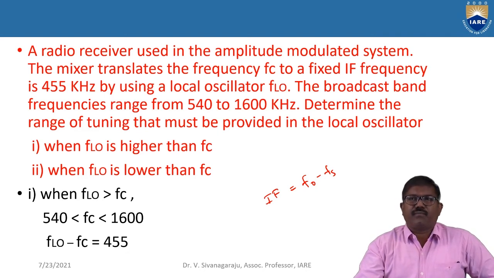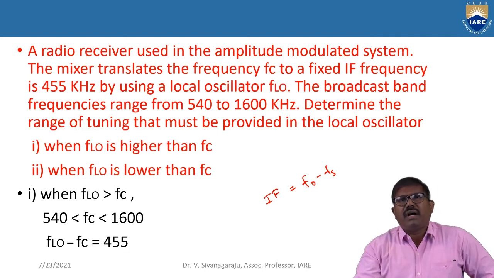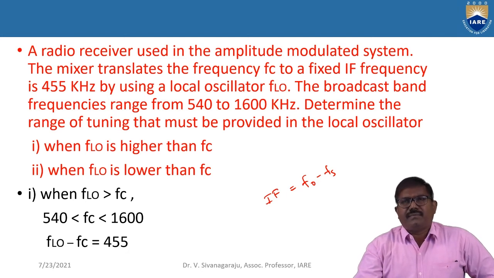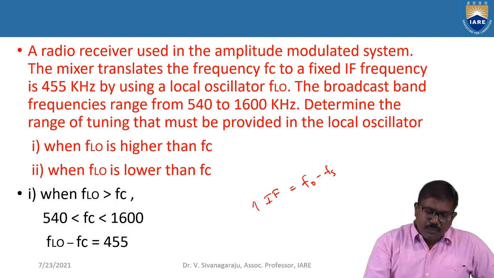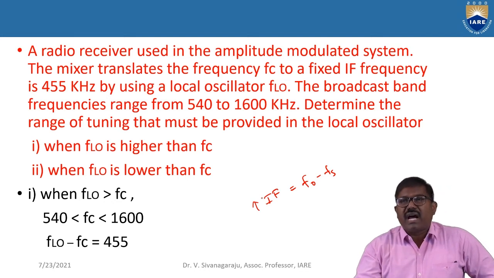We get it. So this is done by our mixer. Why? Because the input signal passes through the mixer, and the mixer has another input, the local oscillator frequency. So this mixes them and produces the intermediate frequency IF. Okay.